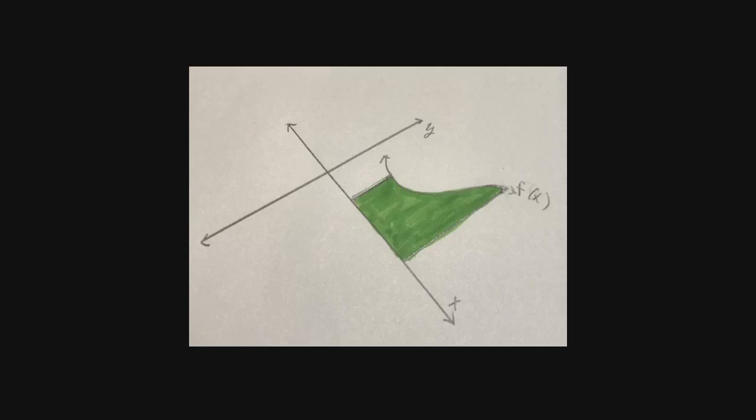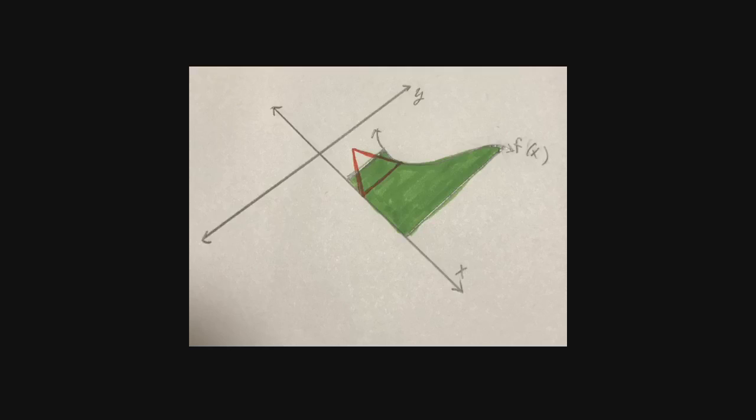For the solid with known cross sections, we use the same concept as the solid of revolution. So let's start with a region on the xy coordinate plane as we can see here. Now, instead of revolving the region to form a solid of revolution, we're gonna create another kind of solid.